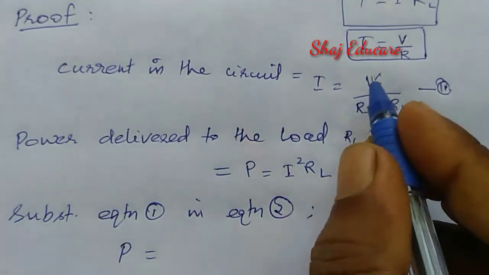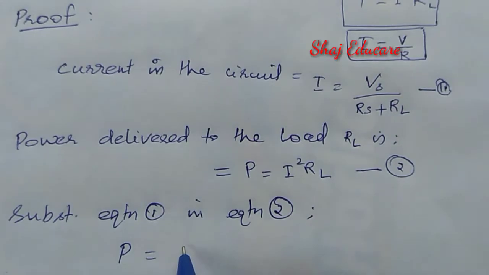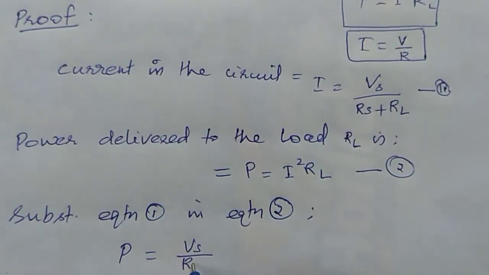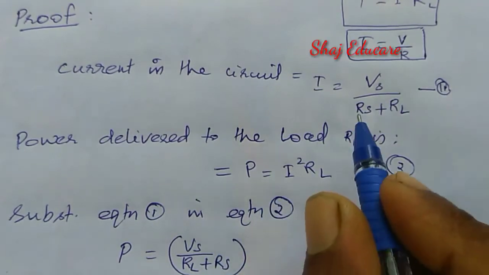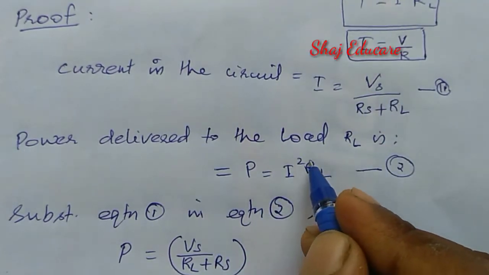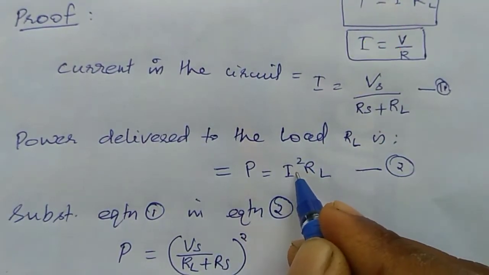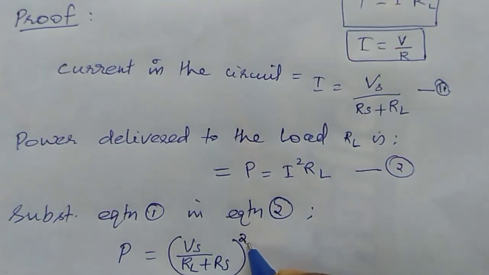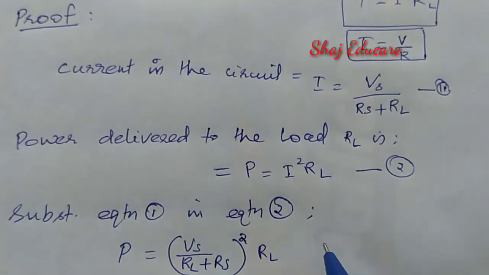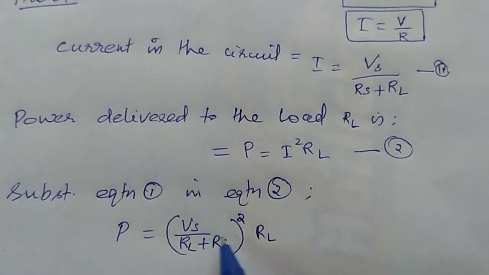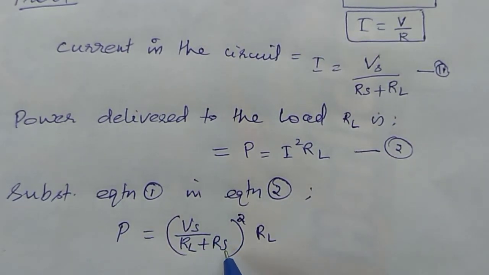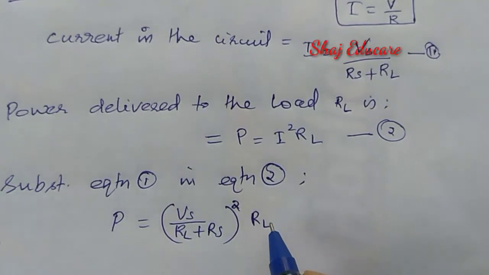What is I here? That I is Vs by RL plus Rs. Put a bracket, as we have multiple terms, square. Then RL. Now we got the expression for power developed as Vs by RL plus Rs whole square, times RL.